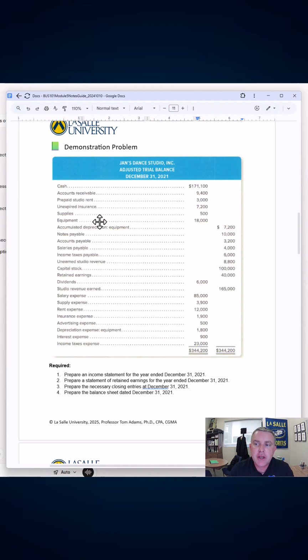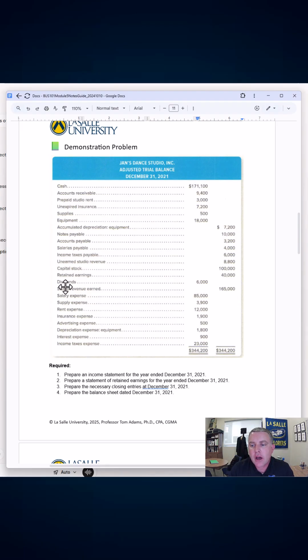Remember, accumulated depreciation is a contra asset, which means it has a negative balance in the asset section. Our liabilities start here with notes payable, all the way through to unearned studio revenue. And finally, we have the equity accounts here, capital stock and retained earnings. Dividends is something that gets incorporated into retained earnings. We'll see that in just a minute.